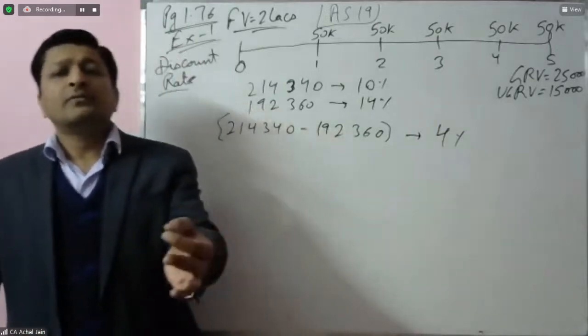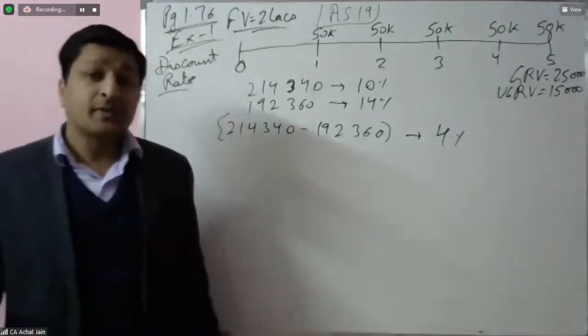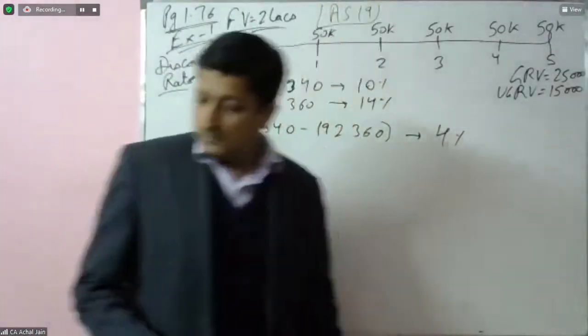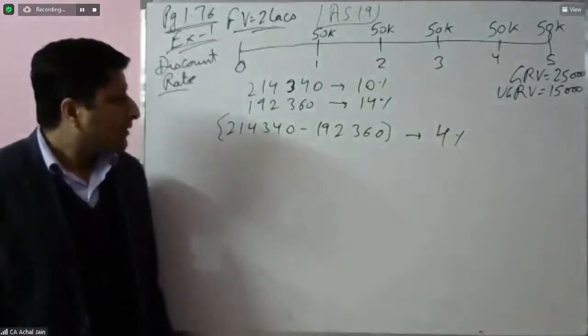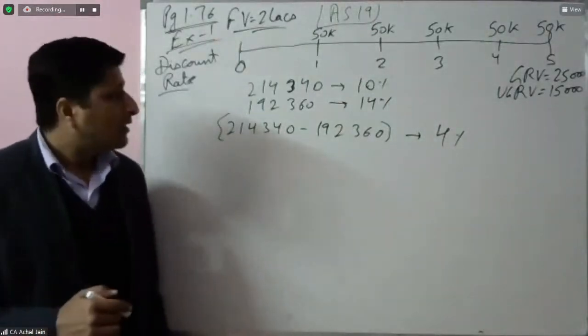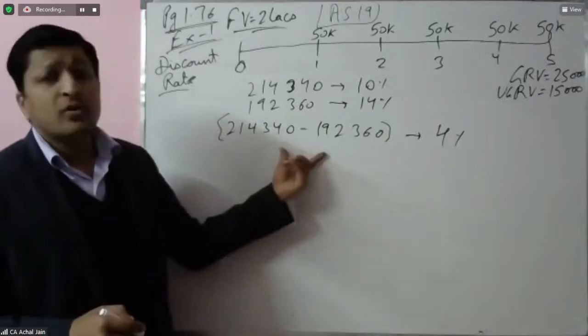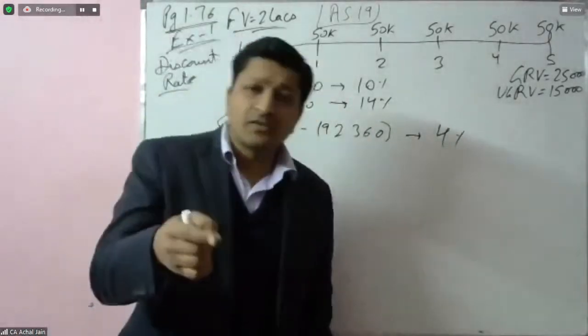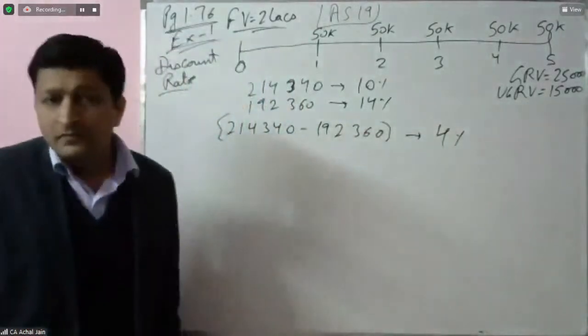Now what do we need to do? We need to apply the unitary method. Remember, in schools you would have covered it. So this is the amount which gets reduced when the rate is increased by 4%.